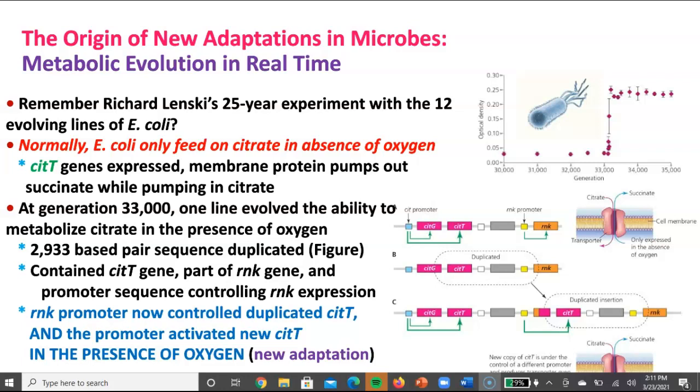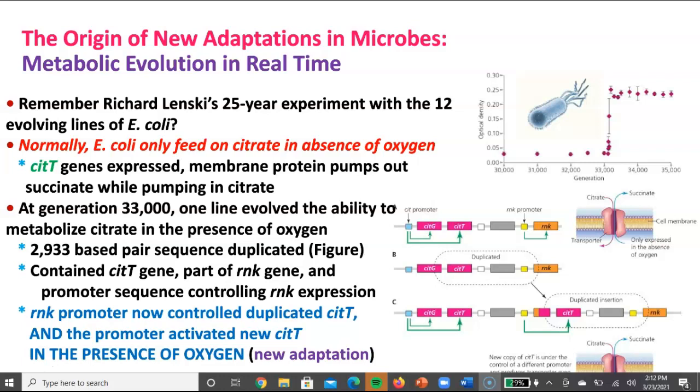So normally, E. coli is only able to feed on citrate in the absence of oxygen. So E. coli feeds on glucose in the presence of oxygen, and then when oxygen's depleted, they could feed on citrate. So let's say first, to show how this happens, the first blue asterisk there: in the absence of oxygen, the CYP genes are expressed.